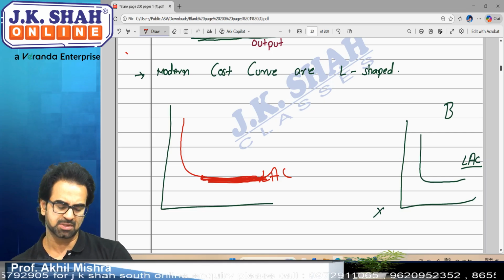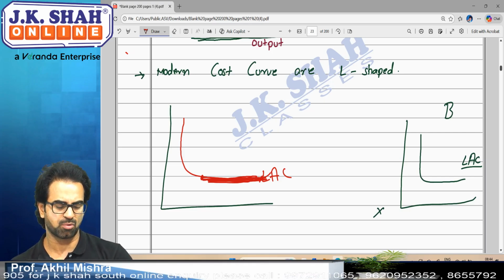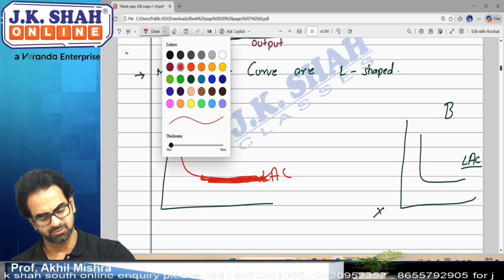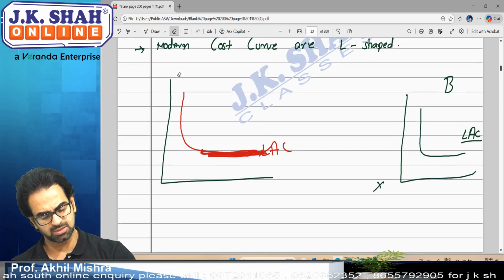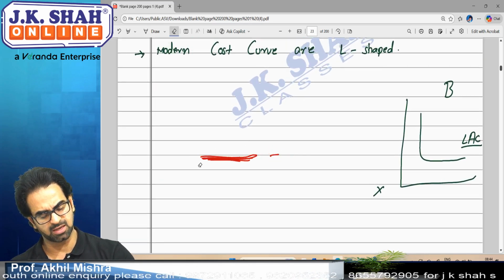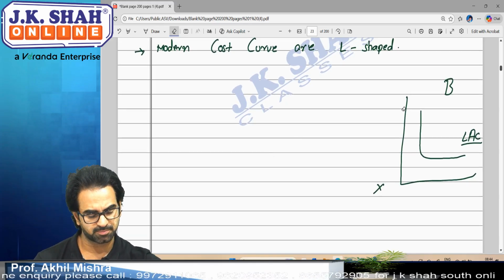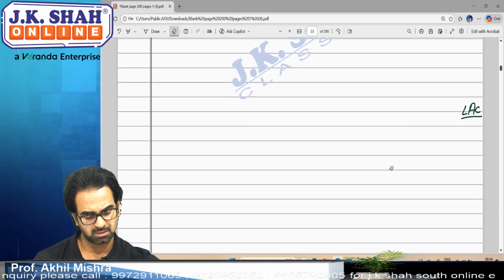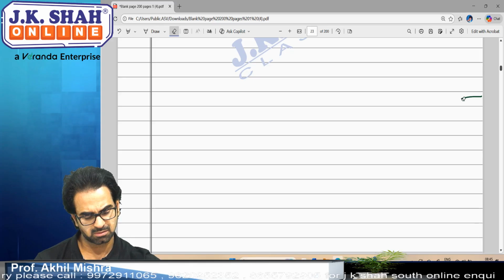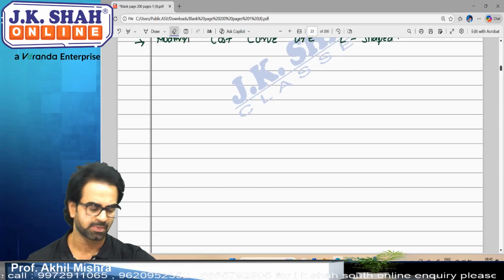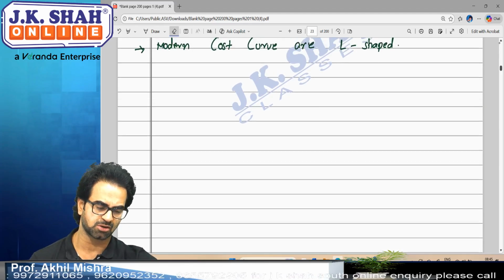So what happens today? The question: modern cost curves are L-shaped. This is correct. The reason is that in modern times, the only way you can keep cost low is modern technology.